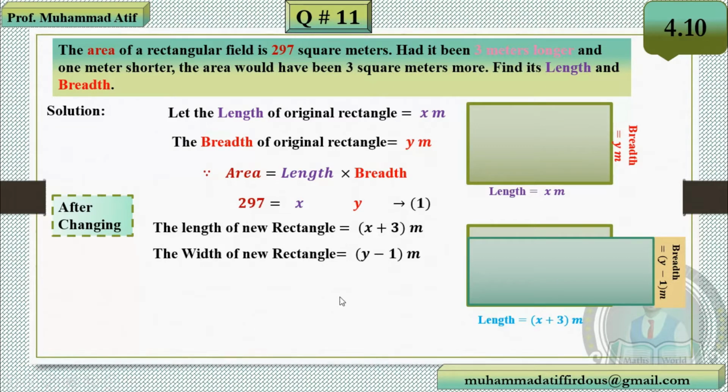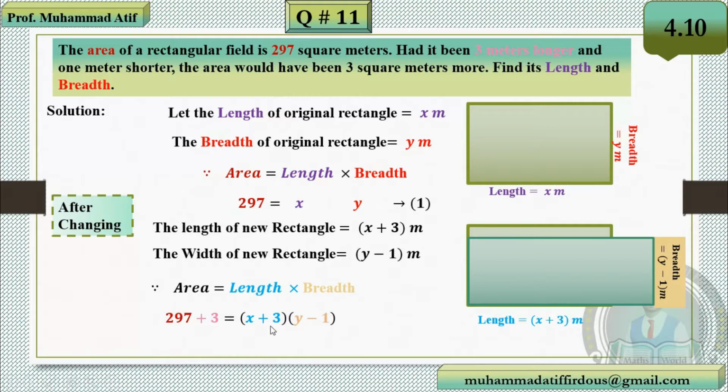Any problem? Again, using the same formula, area is equal to length into breadth. The area would have been 3 square meter more. So there is an increment in area also. Previously we had 297, and it would be 3 square meter more, so just add 3 to the 297.